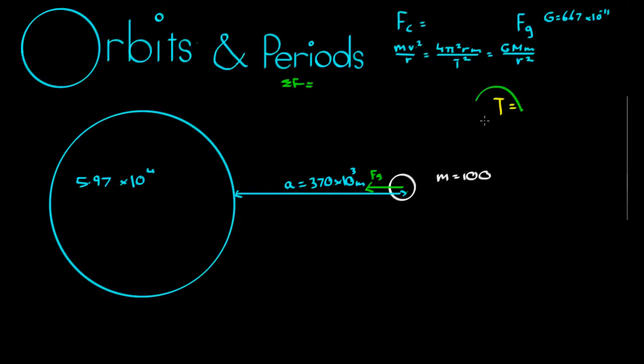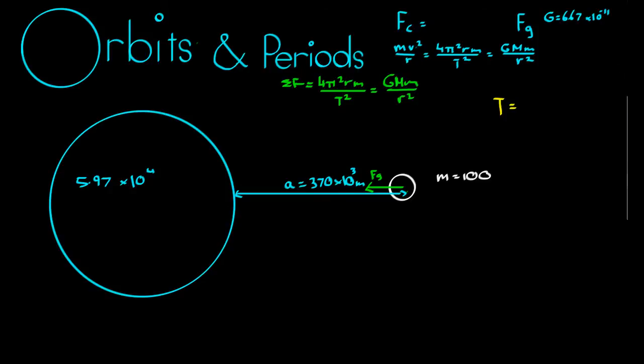And since we are looking for the period, let's use this formula. So the net force is 4 pi squared rm on t squared. And this has to be equal to the gravity force. So that's G m on r squared.